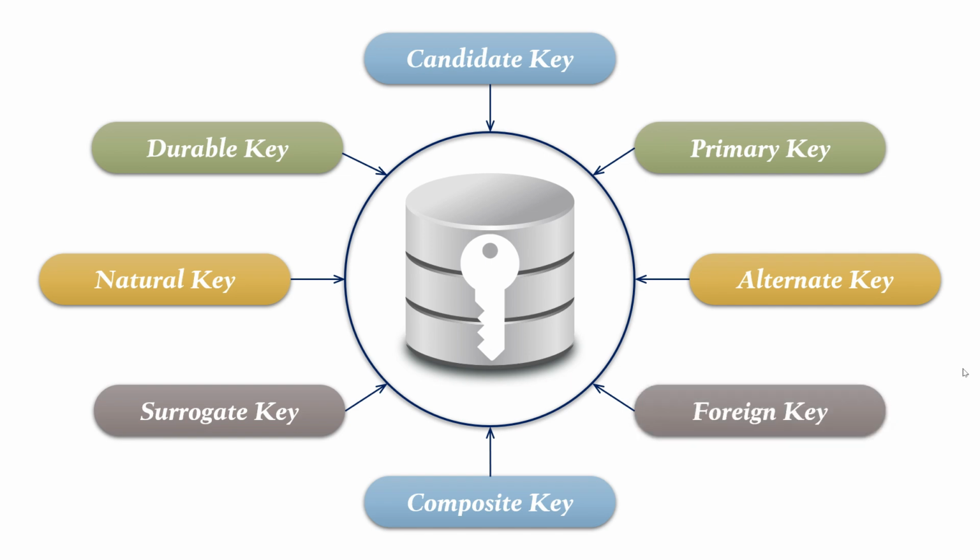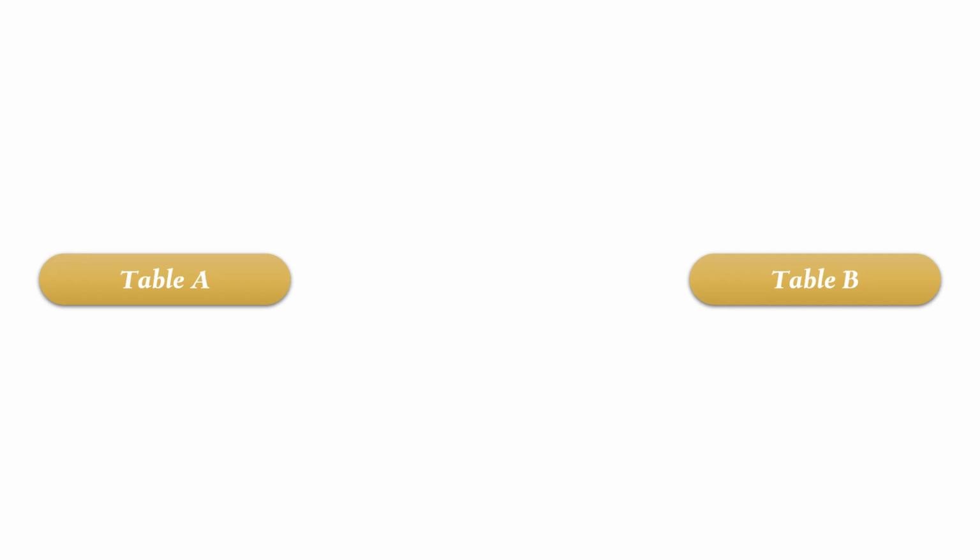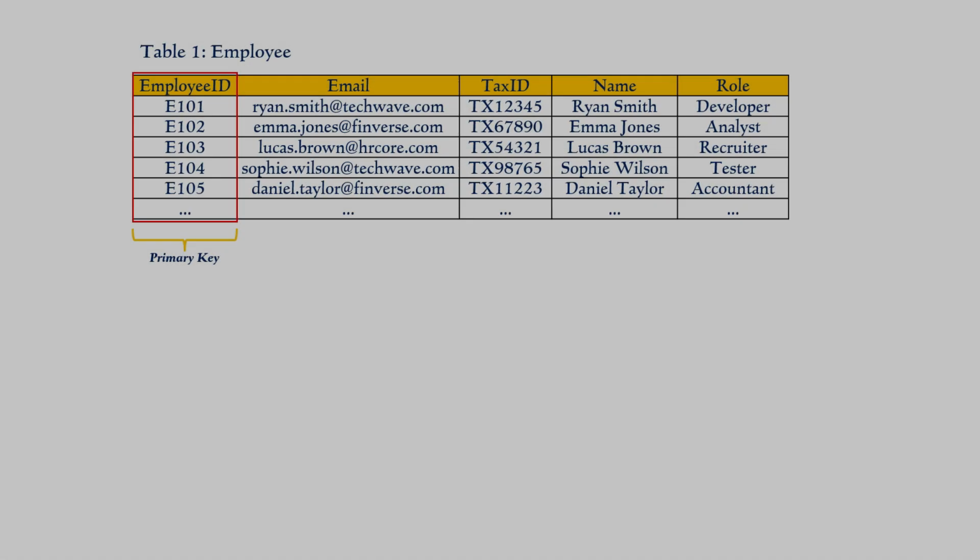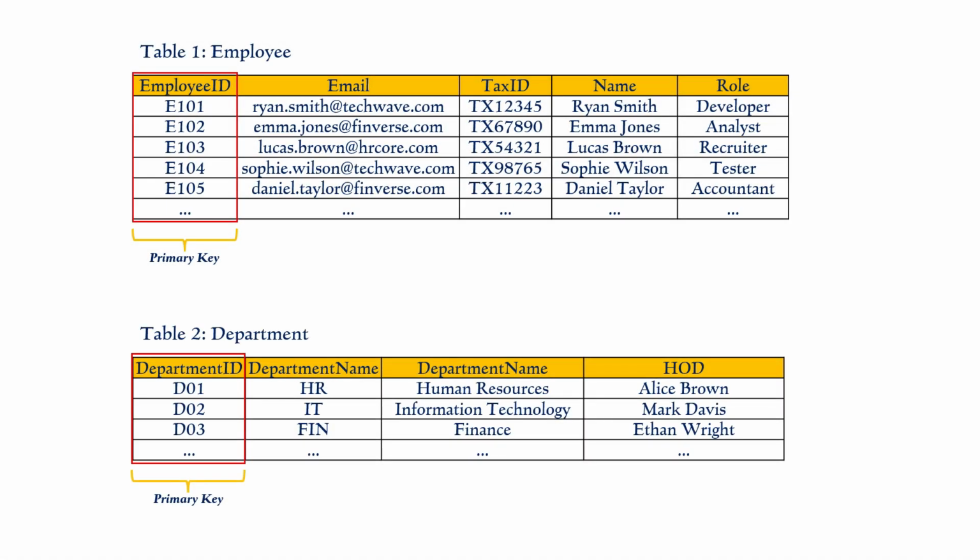Now let's look at the foreign key. A foreign key is a column that creates a relationship between two tables. To understand this better, let's extend our example. Along with the employee table, we now have a department table with its own primary key, department ID. At this point, both tables are still separate and have no connection between them. But in real systems, we need to know which department each employee works in.